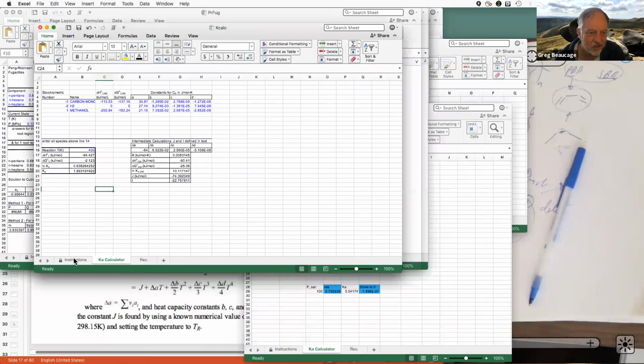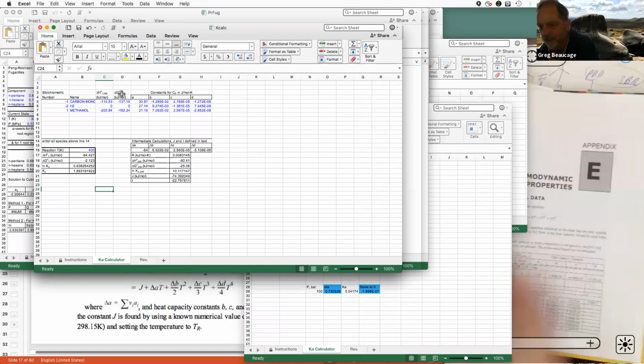The instructions are here. It's basically like, give me, oh, I shouldn't have clicked that. But there's some instructions here. But basically, this is it. You look in the back of the book. You find delta H. You find the heat of formation, which is in that table E. Right? You find the heat of formation for your stuff. This is the E section.